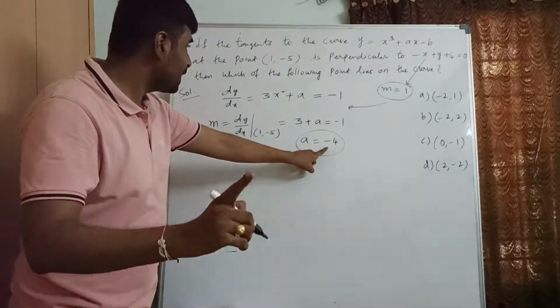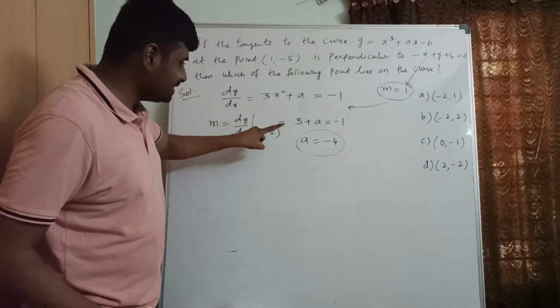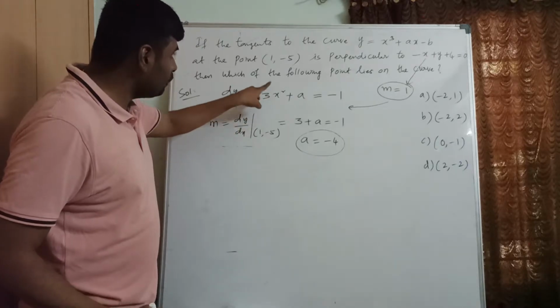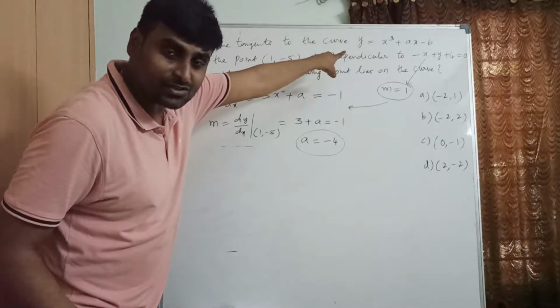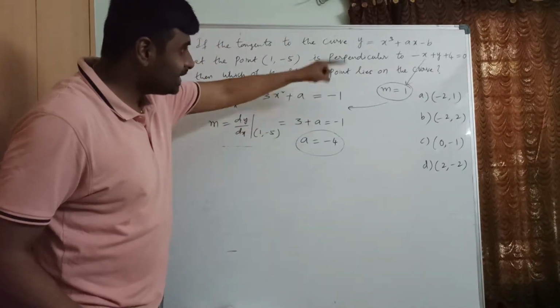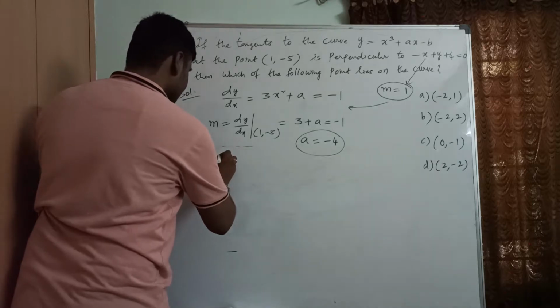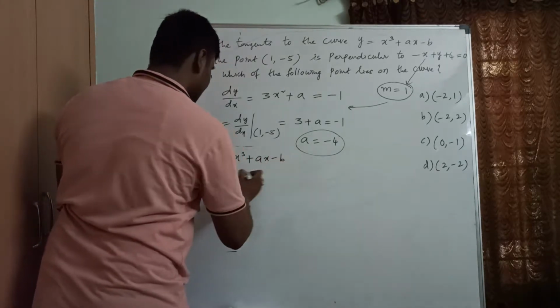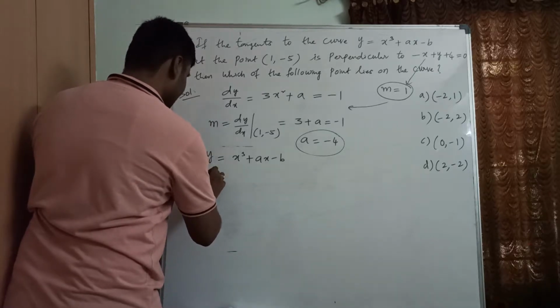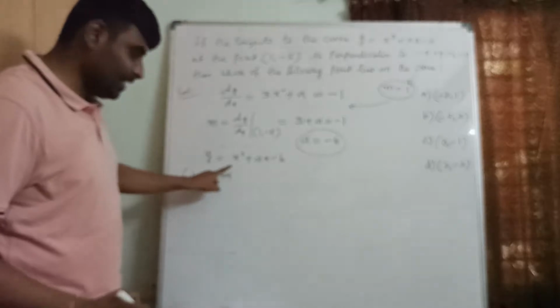Now one more thing. This point lies on the tangent and lies on the curve also. Correct? So can I substitute this point on the curve also? By using the a value we will get the b value, simple. Okay, so what is the given curve? y equals x cube plus ax minus b. Let me substitute (1, minus 5) here: minus 5 in place of y, 1 in place of x.